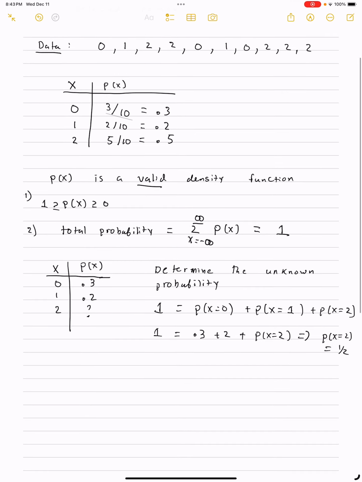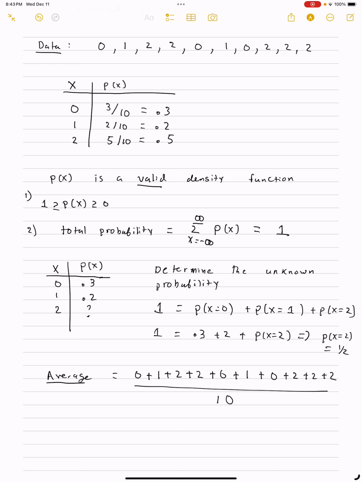Okay. A second thing that I'd like to go over is just to calculate the average. Here, what we've learned throughout our life is that we can calculate the average by adding up the data. So 0 plus 1 plus 2 plus another 2 plus 0 plus 1 plus 0 plus 2 plus 2 plus 2 and dividing by the total sample size, which is 10.